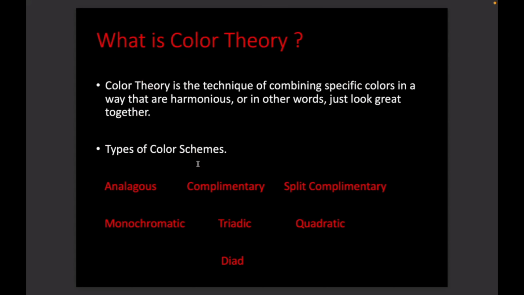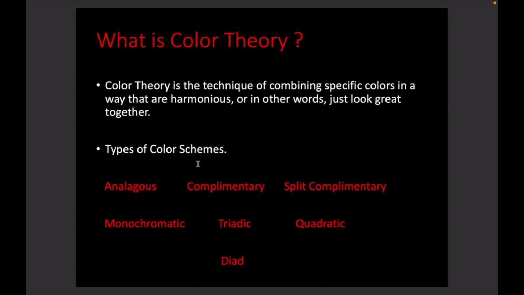When photography started, some people started clicking pictures, and they felt some colors looked really amazing together. Whenever cool tones come together with warm tones, they look really interesting and beautiful. I'm talking about 100 or 200 years back.